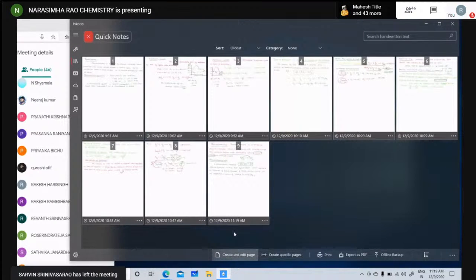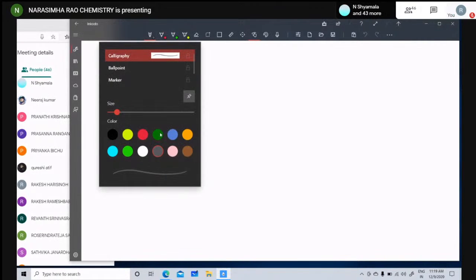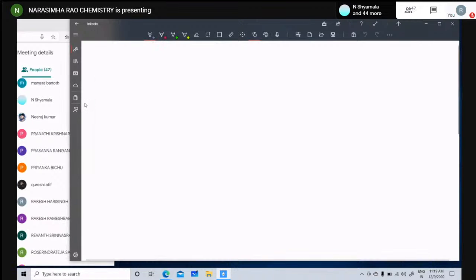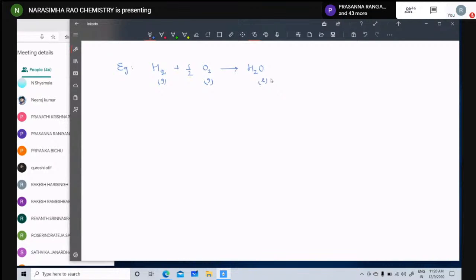Right, children. Now, the example I'm taking here. For this example, hydrogen in the gaseous state, H2, must be expressed with its physical state, combines with half a mole of gaseous oxygen to form H2O in the liquid state.